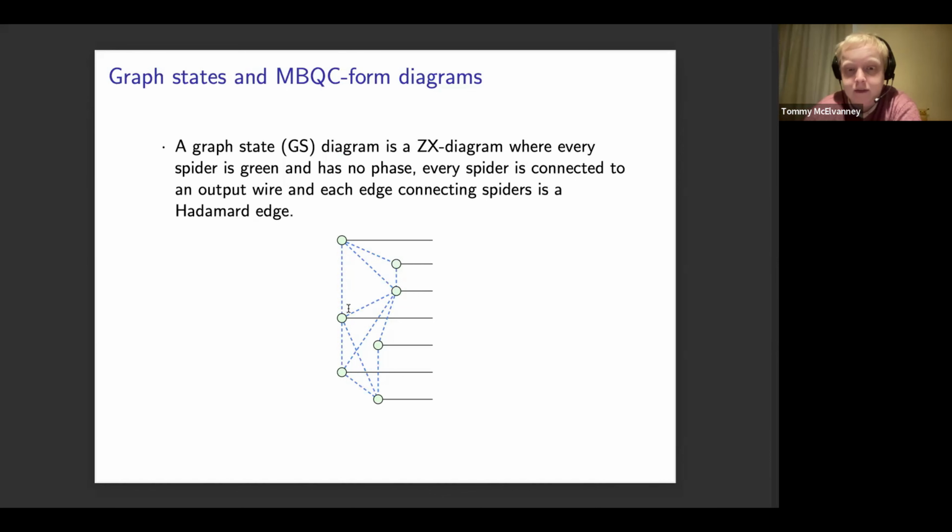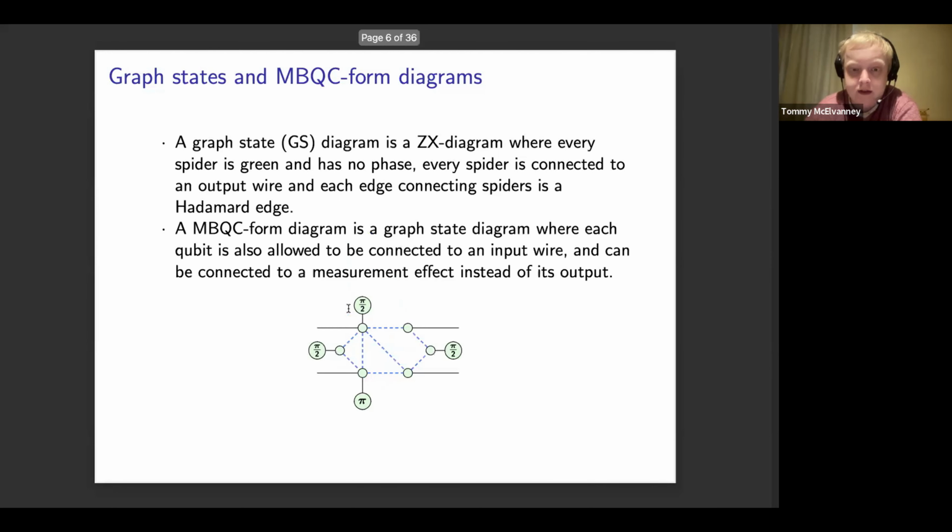And then an MBQC form diagram is where we allow some of these outputs to be composed with caps or with measurement effects, so that all output vertices have no measurements, all non-output vertices have measurements, like so. And we still have everything as green spiders entangled together with CZ gates.